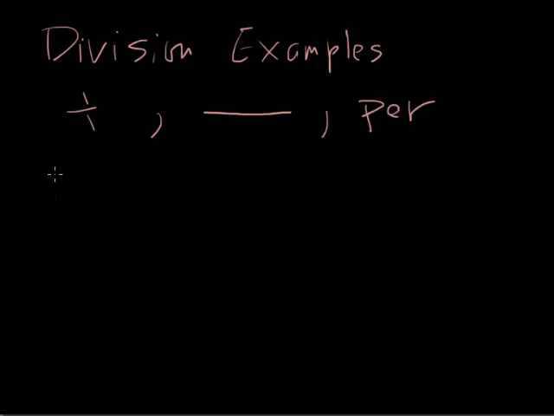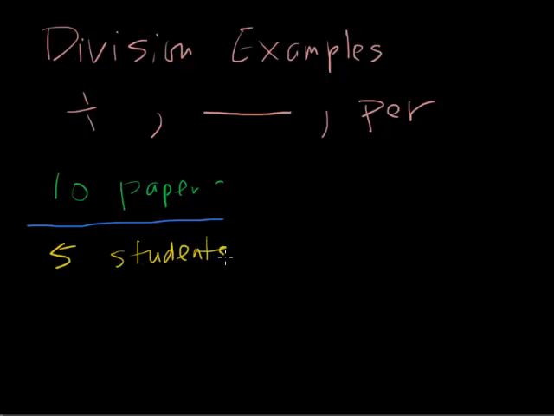Okay, as an example, we can start with the teacher has 10 sheets of paper, and she wants to give it out to 5 students. How many pieces of paper does each student get?